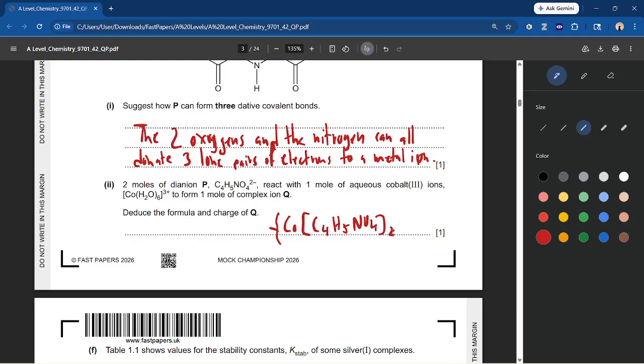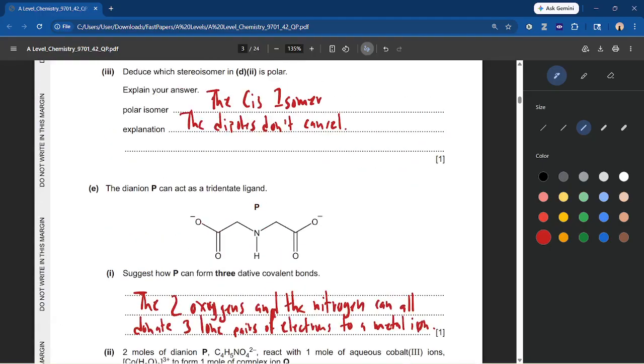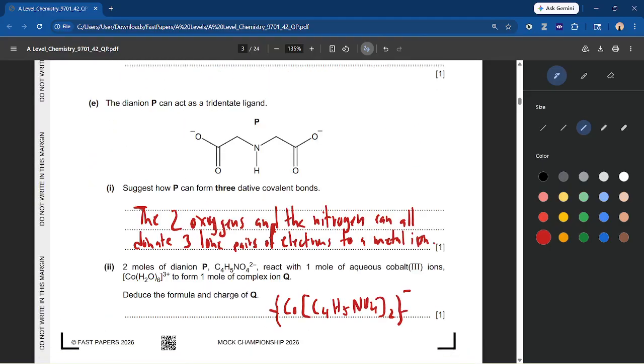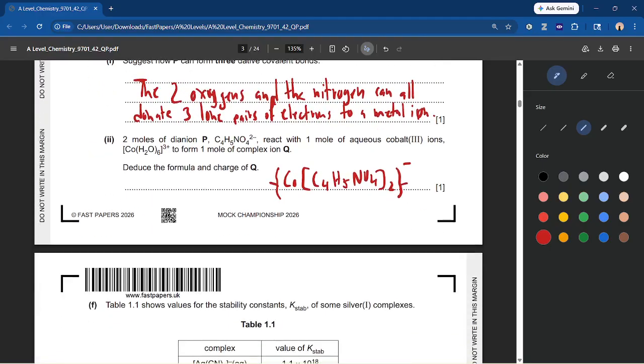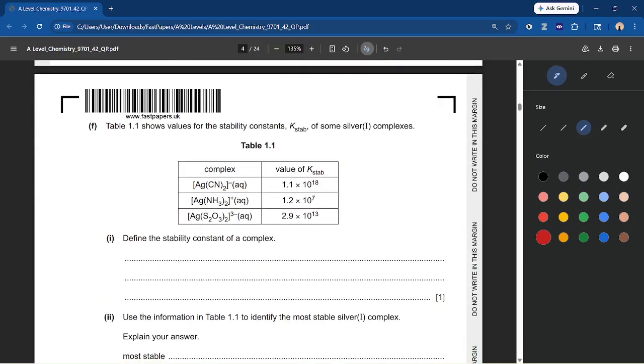Again, this is nothing too difficult. It's 1:2, so it'll be like that, and then the overall charge will be minus, to form 1 mole of complex ion Q. All right, very simple, nothing too difficult.